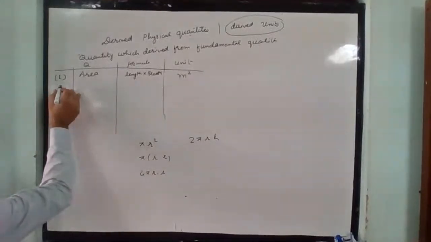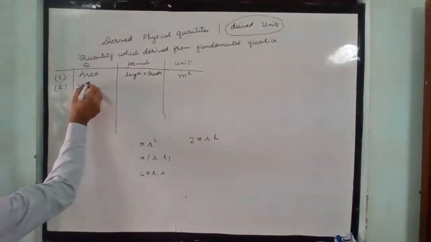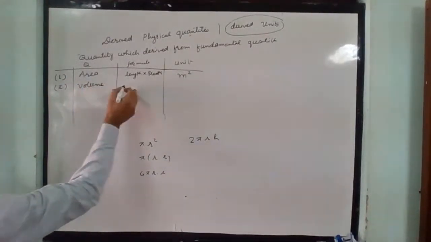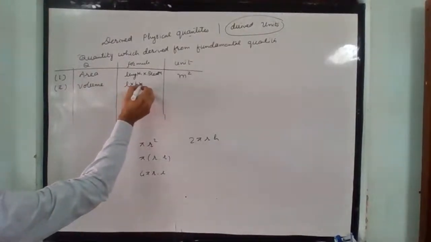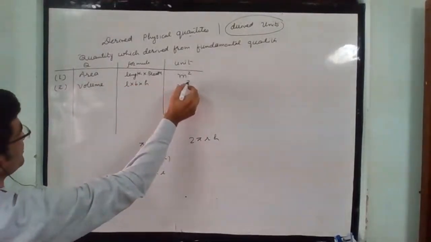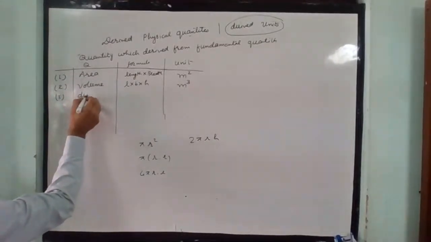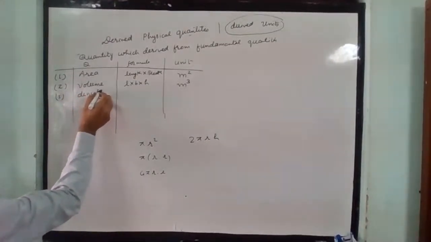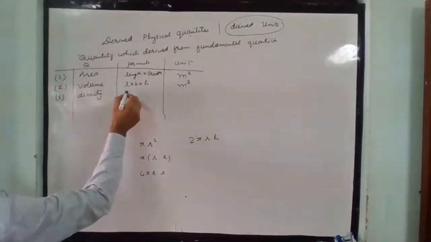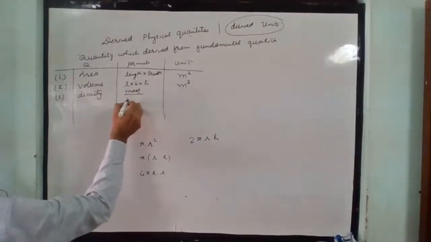Second, you write volume: length, breadth, height, unit meter cube. Third, I am taking density. Density is the physical quantity mass upon volume.